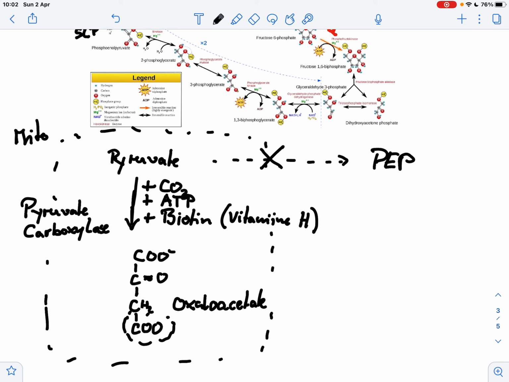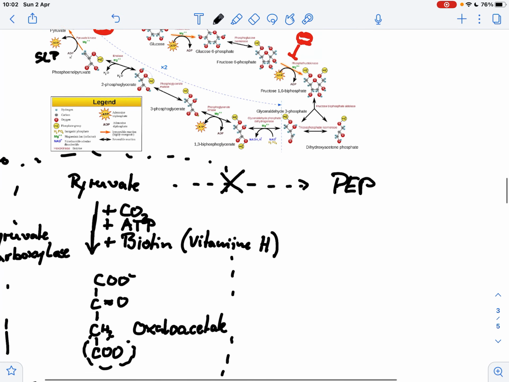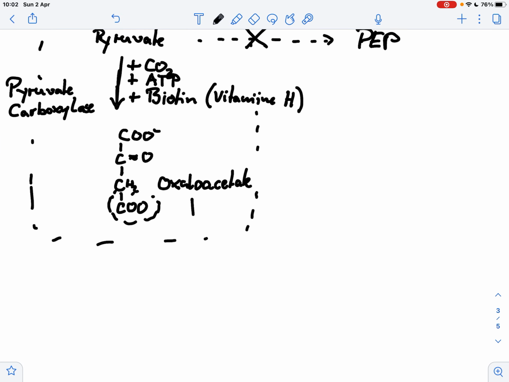And we produce oxaloacetate. Now, in the mitochondria, the oxaloacetate then is converted to malate because we can never transport oxaloacetate directly out of the mitochondria. We need this malate aspartate shuttle, and we transport the malate into the cytoplasm, where we convert it back into oxaloacetate.